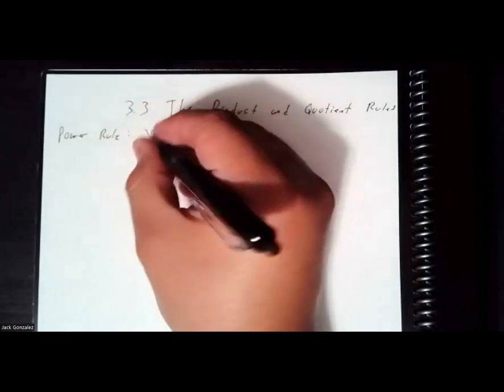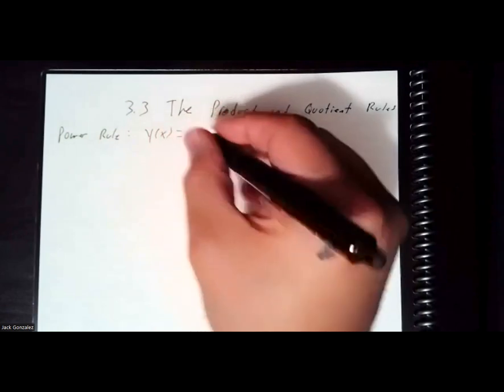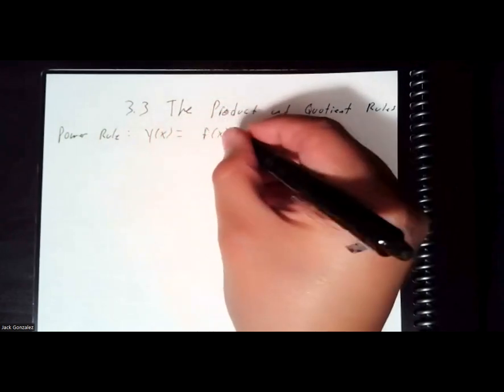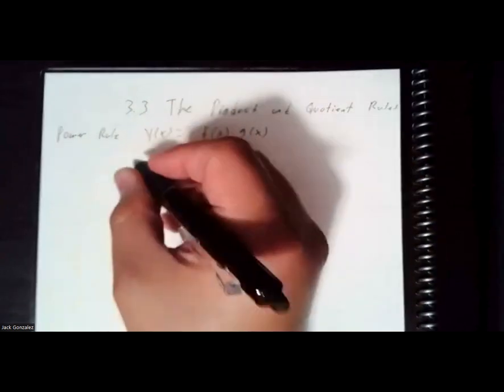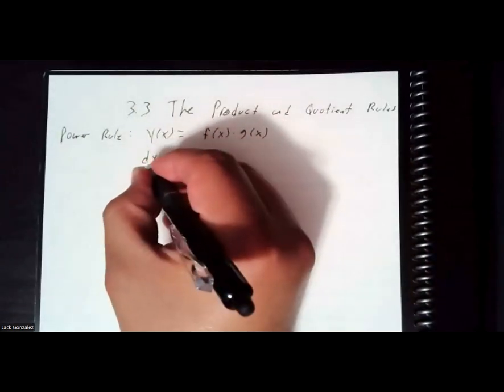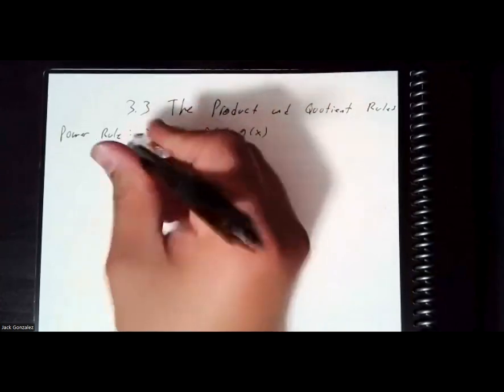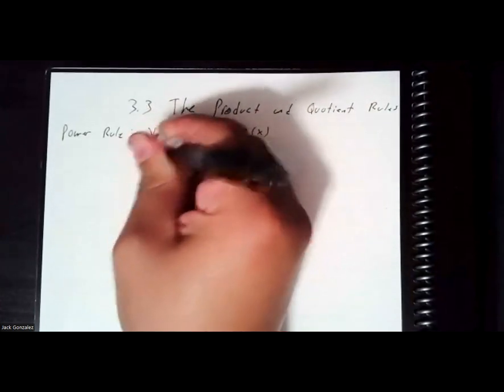So let's say y of x is equal to two functions being multiplied. The derivative of y, well, let's use the prime notation.